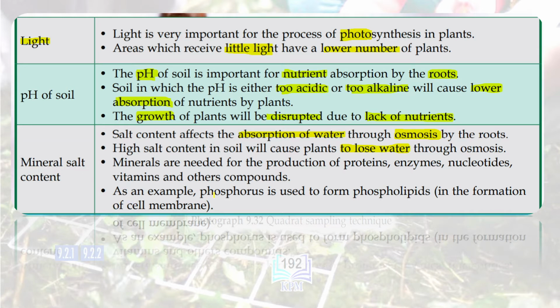Okay, so as an example, phosphorus is used by the plants to form phospholipid. Salah satu komponen yang sangat penting, phospholipid. You remember that? What's a component that is making use of the phospholipids? Major komponennya phospholipid adalah the plasma membrane. Plasma membrane. Okay.